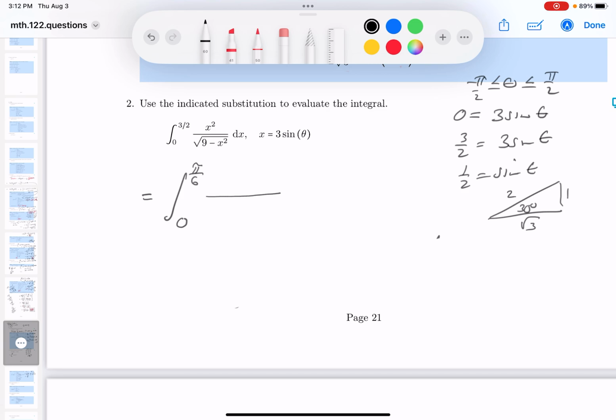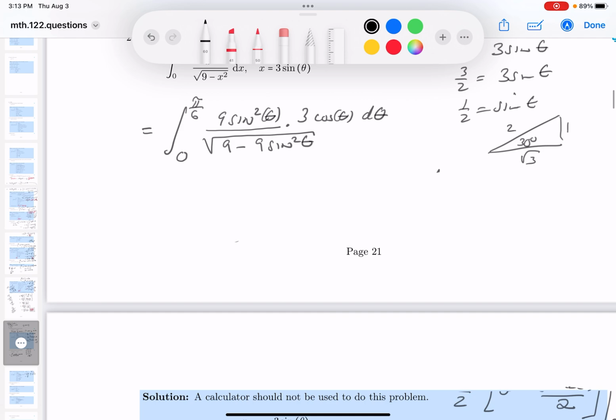Okay, I got that. Now I got to pop everything in. What's x squared? It's 9 sine squared theta. What's dx? It's 3 cosine theta d theta. Then what do you get in the bottom? You get 9 minus x squared, which is 9 sine squared theta.